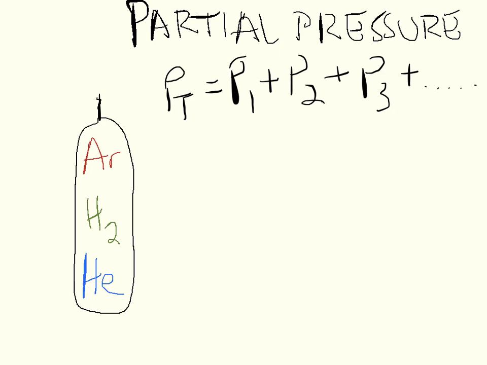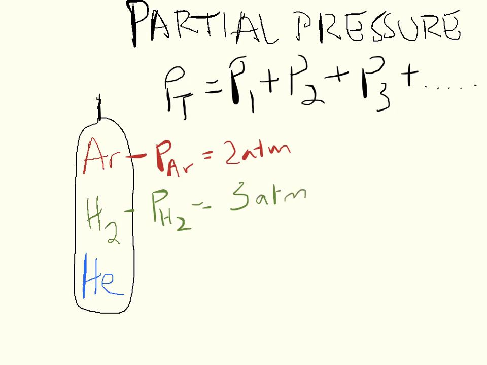So in this example down below, let's say the partial pressure of argon is 2 atm, the partial pressure of hydrogen is 3 atm, and the partial pressure of helium is 4 atm.